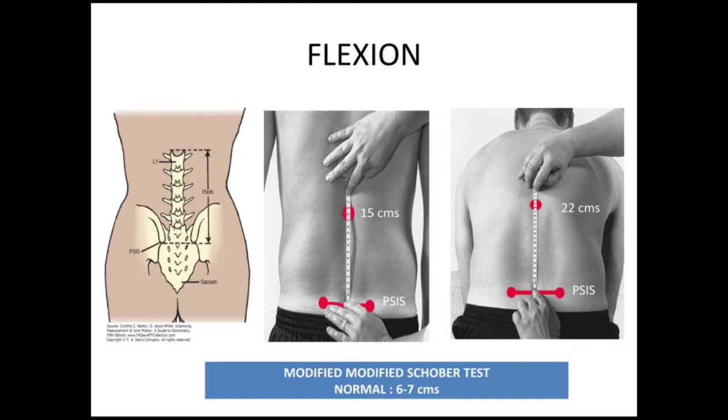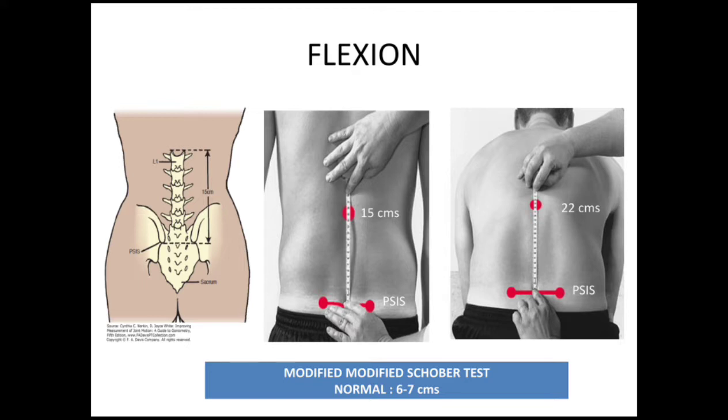The patient is in the standing position with a neutral spine. In this position, the patient is asked to bend forward as much as possible, keeping the knees straight. And again, a measurement is taken from the PSIS to the mark 15 centimeters above. So there would be a distraction of the skin which leads to a change in the measurements.